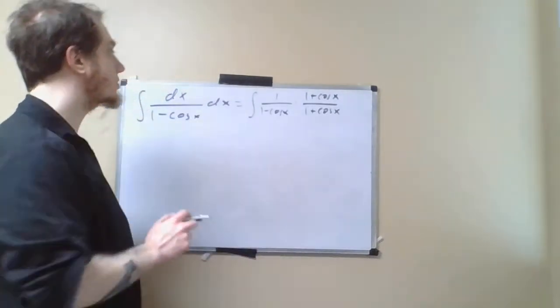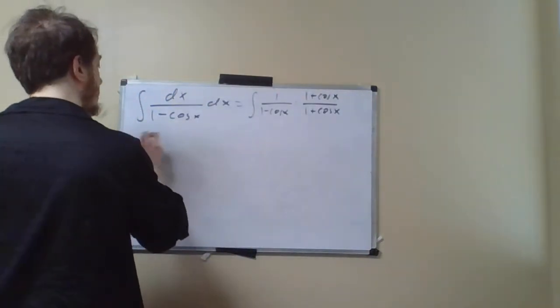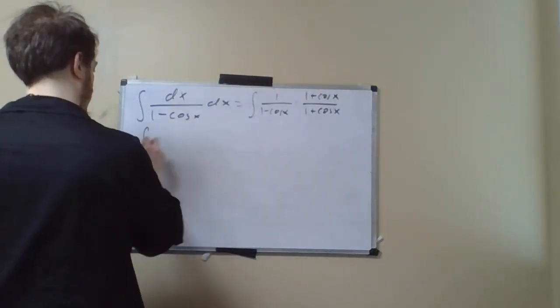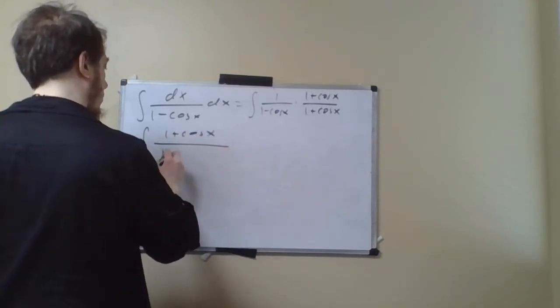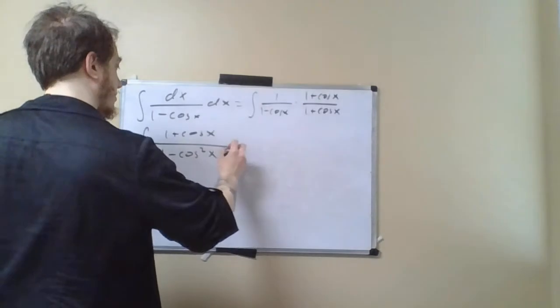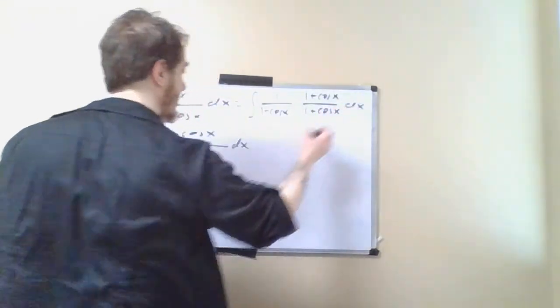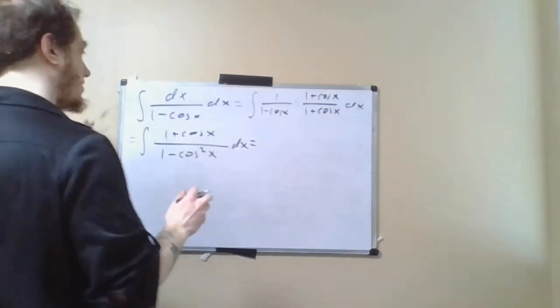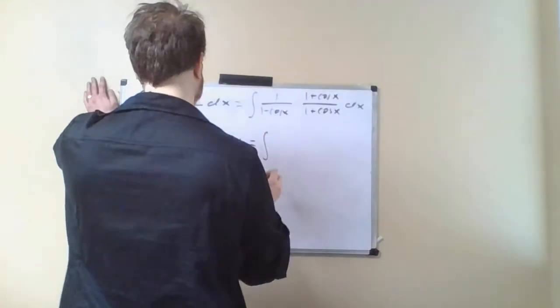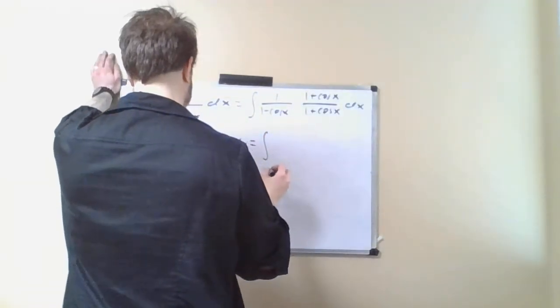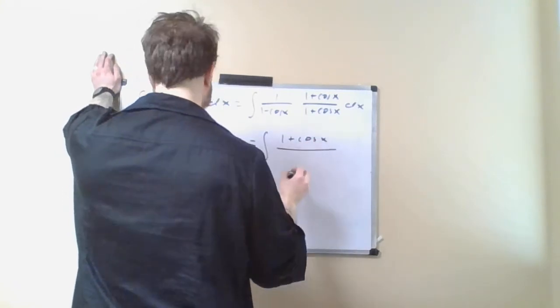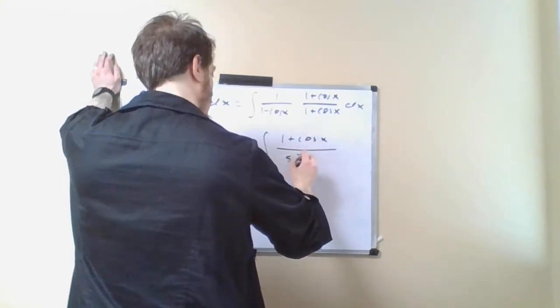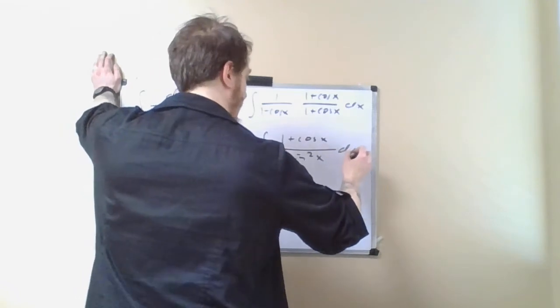So this is going to then become 1 plus cos x over 1 minus cosine squared x, dx. Whoops, I forgot my dx here. And then this becomes the integral of 1 plus cosine x divided by sine squared x dx.